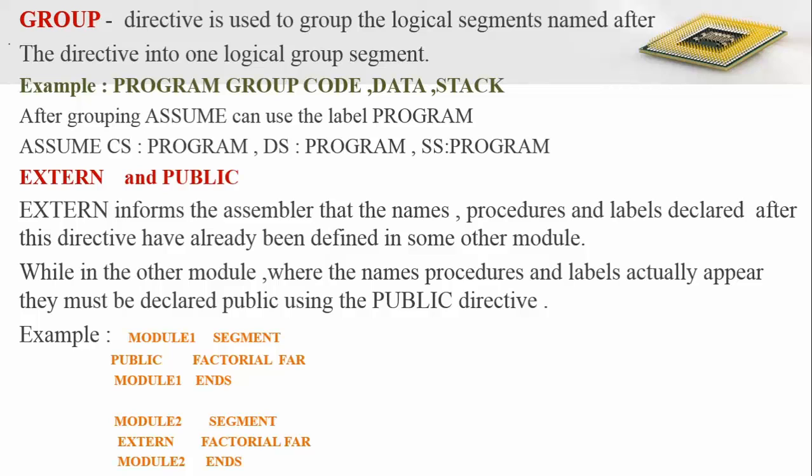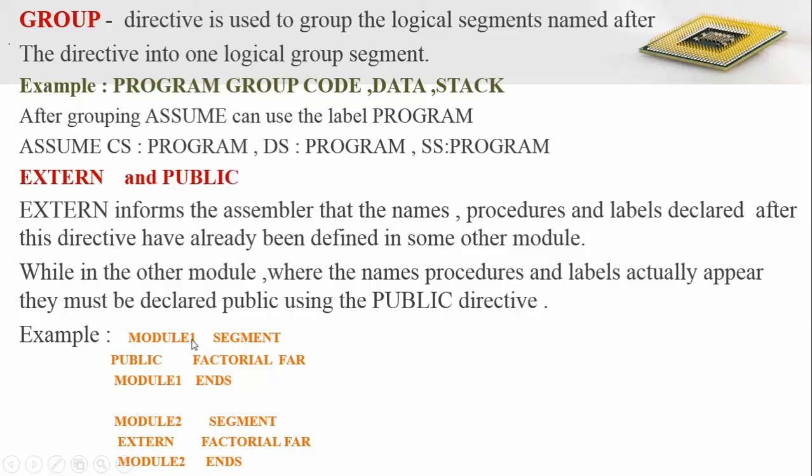In a program we have more than one program module or segment, in which one module contains certain variables or procedures. That variable and procedure can be used in another module of the same program with the help of these EXTERN and PUBLIC directives. So consider this example. This is the first module.